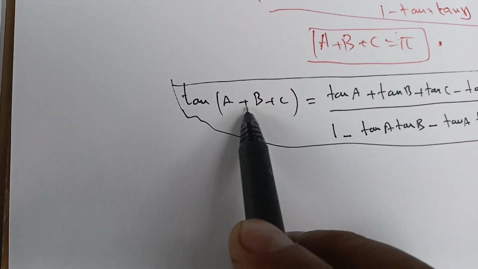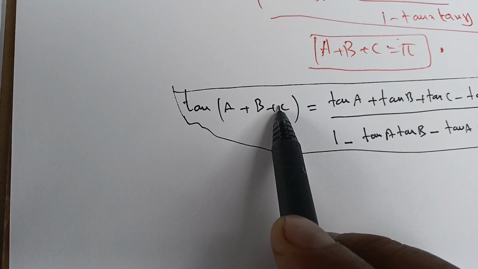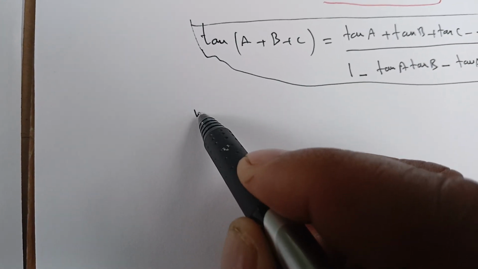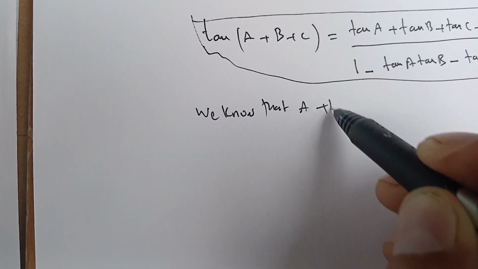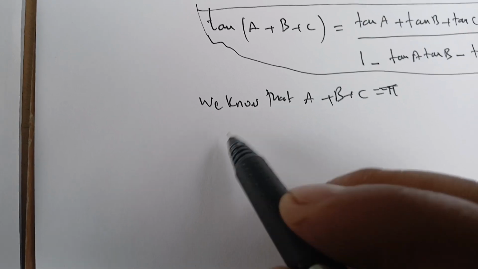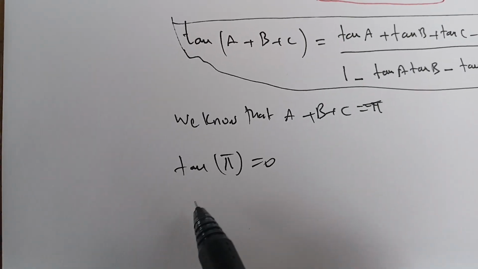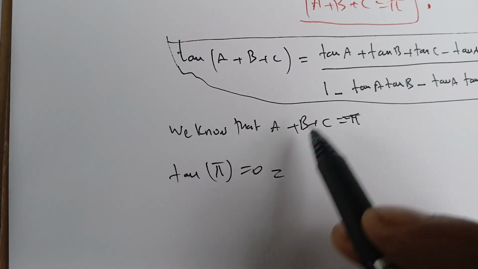Anyways, so here we know that the sum of the angles of the triangle is pi, so A plus B plus C is pi. Okay, so here tangent of pi is 0. Therefore we have this sum equals 0.